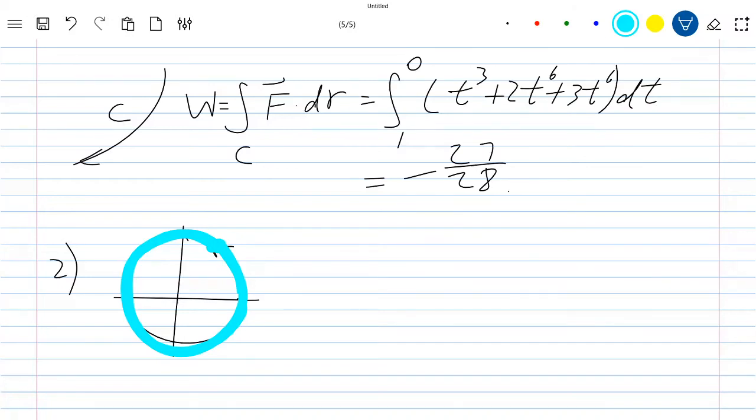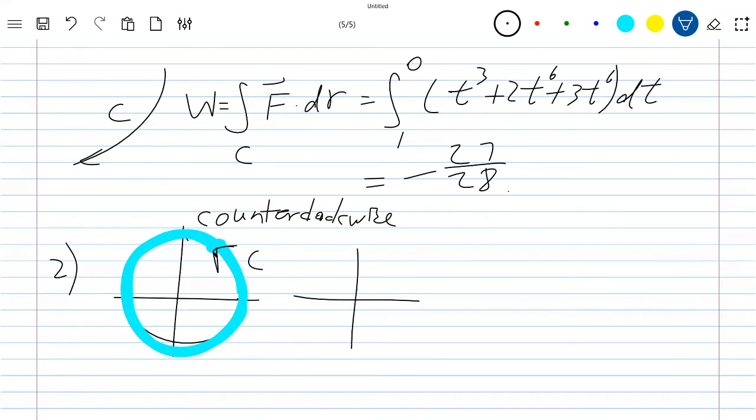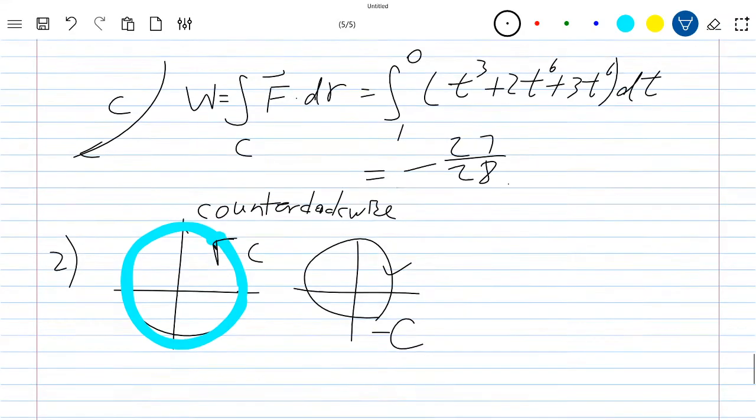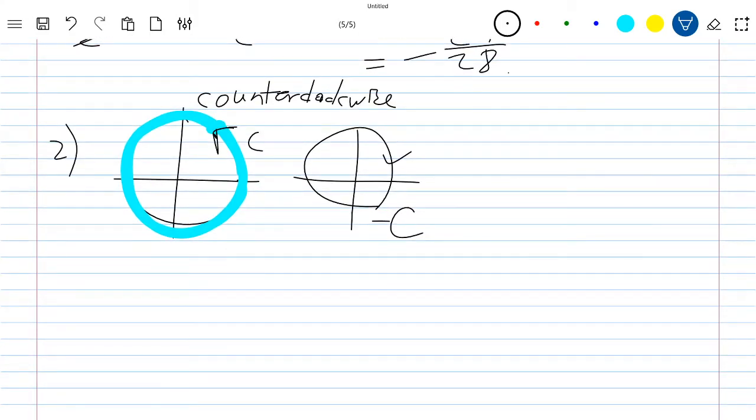It's equivalent, but you have to say what the direction is. Let's call this counterclockwise the default direction. We call this C, and if you go the other way around, clockwise, we usually call it negative C, because that means it's the opposite of C.